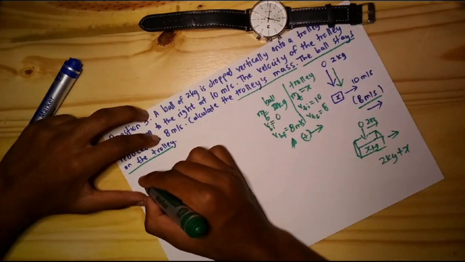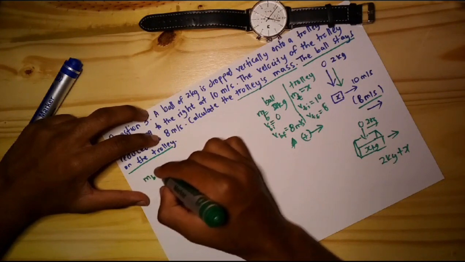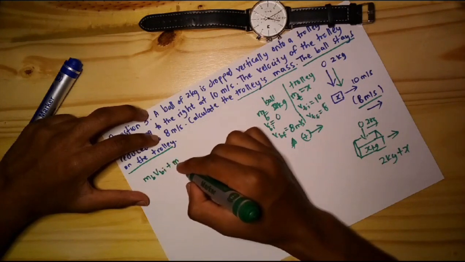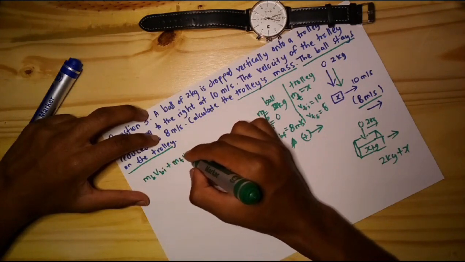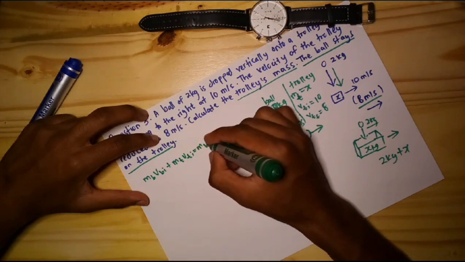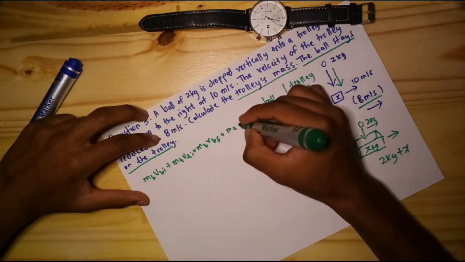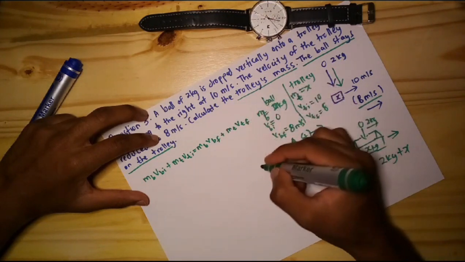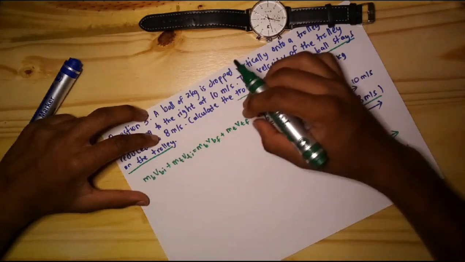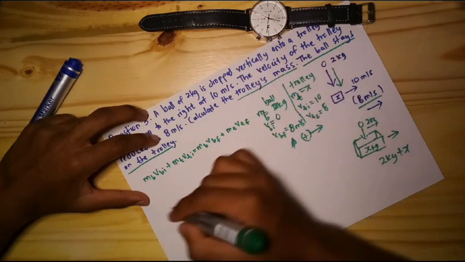You're going to say mb vbi plus mt vti is equal to mb vb final plus mt vt final. Remember again, always write the formula from the formula sheet first because that earns you a mark.